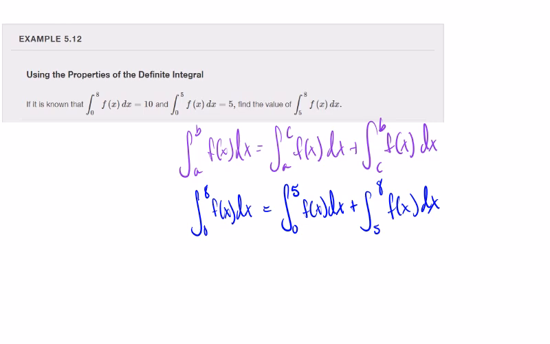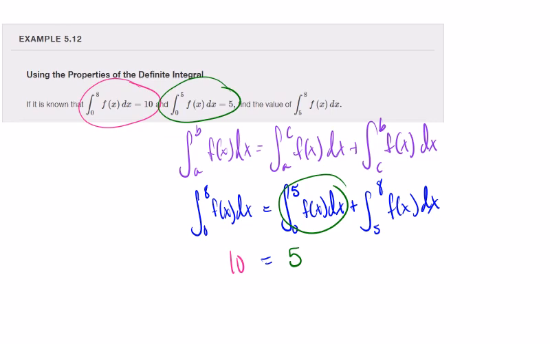So now let's plug in what we know. We know that the integral from 0 to 8 of f of x is 10, so I can put a 10 there, right? And then we know the integral from 0 to 5 is 5. So I can put a 5 here, right? And then this is the one that we're trying to find. We don't know what this is. So this one we're just going to leave as it is, okay? And so we're just going to put plus the integral from 5 to 8 of f of x dx.